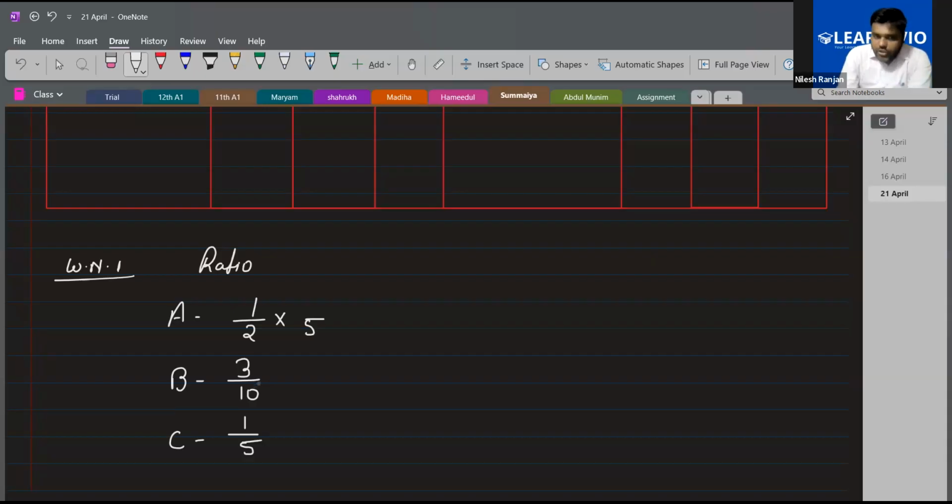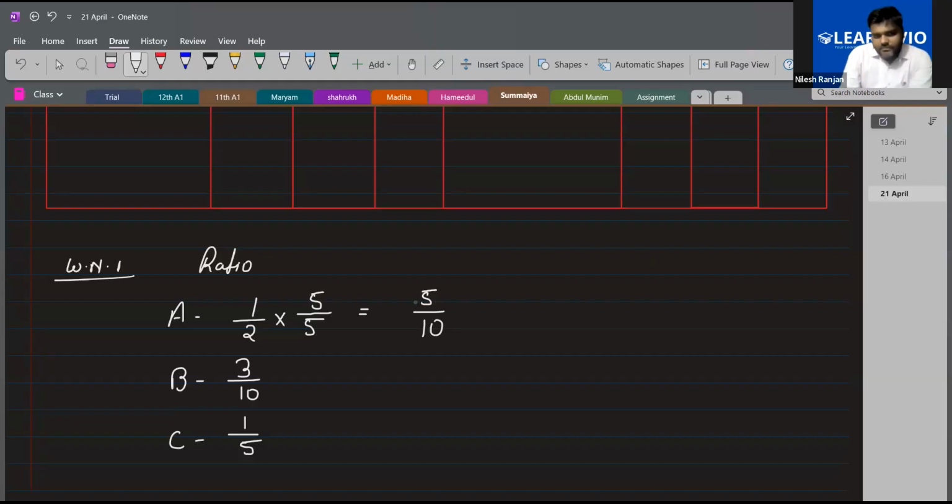Yes, we have to match the denominator, but this fraction should not change. That's why we will write 5 as numerator also. 1 into 5 is 5, so it will be 5/10.